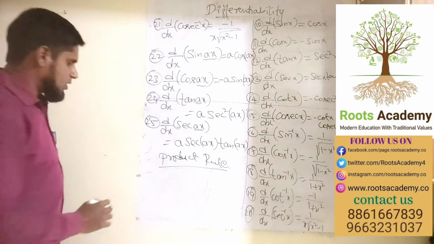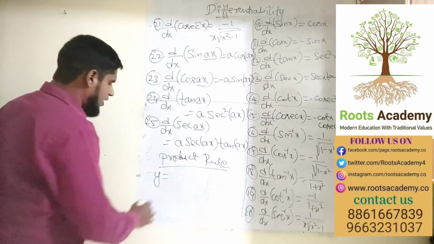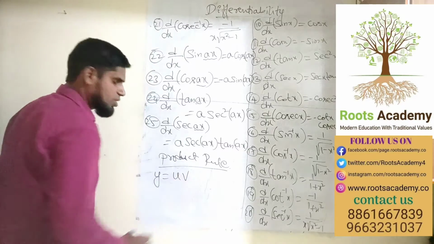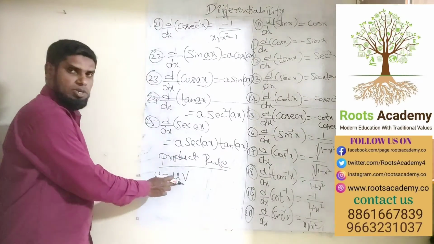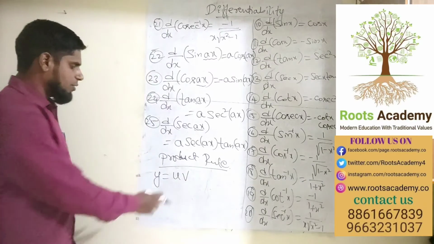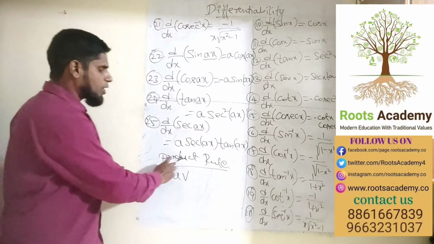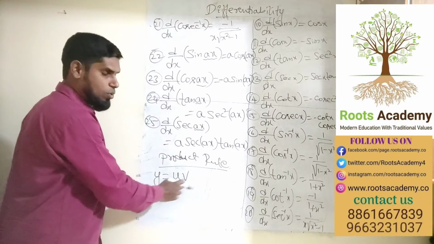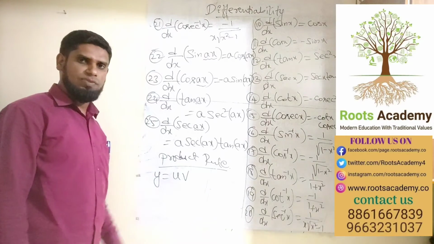What product rule says is that if there is a function y and it has two functions in terms of x, here u and v are the functions in terms of x. In general, product rule is also called as UV rule because we will represent first function as u and second function as v.